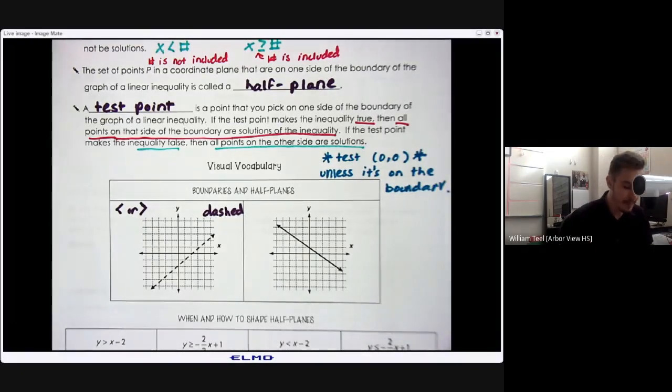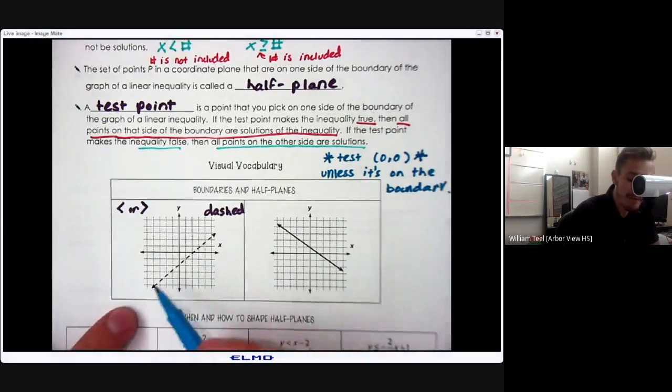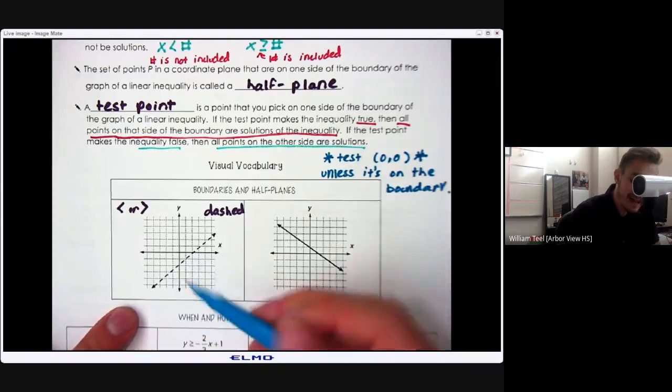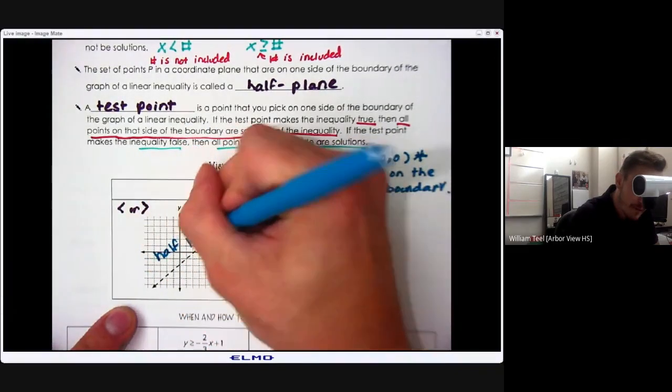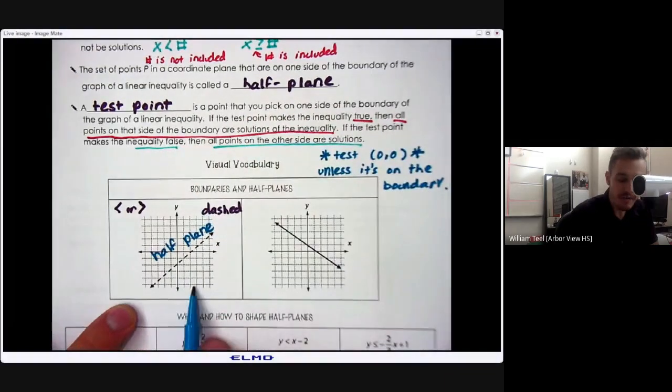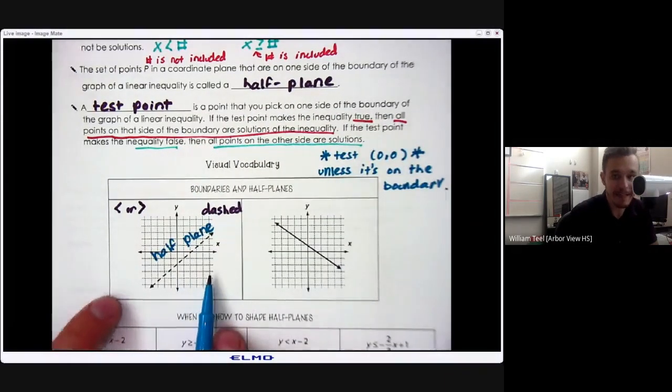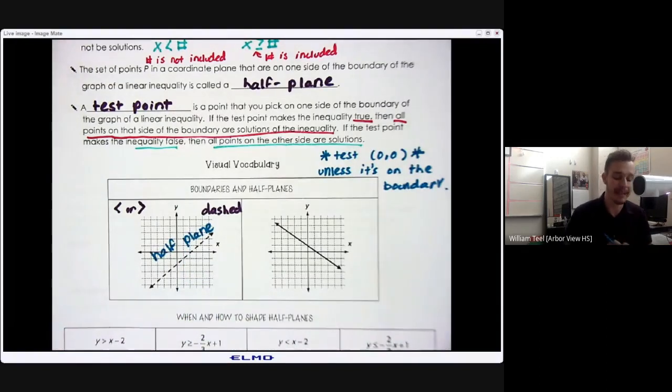Now, moving on to some of the more specific vocabulary words. If we look above this line or below this line, this is going to be referred to as the half plane. This portion on the bottom section of the boundary is also referred to as the half plane. So if we are above the line or below the line, we are talking about the half plane.